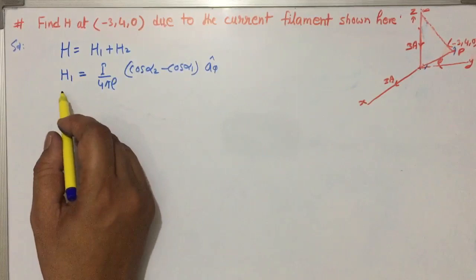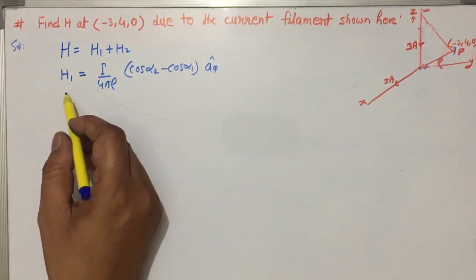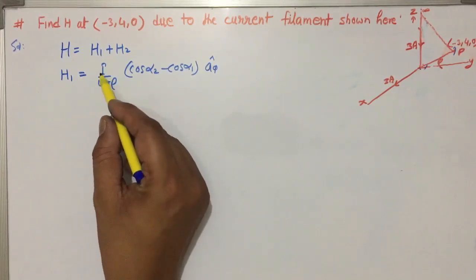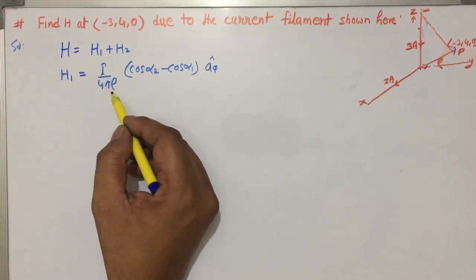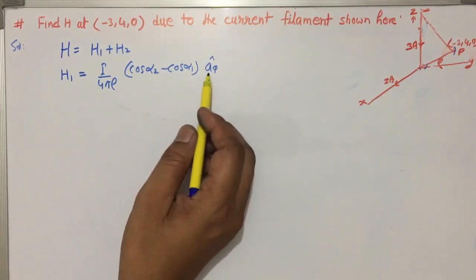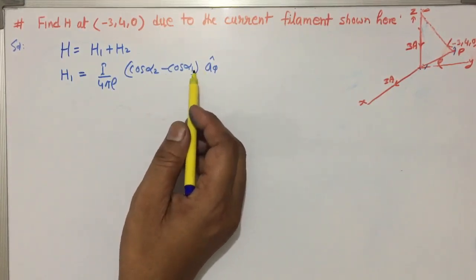So to find the magnetic field intensity due to any line current, I is already known. We have to know rho, alpha 1 and alpha 2, and a phi. So three terms are required.